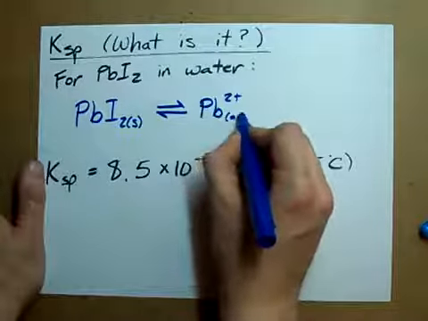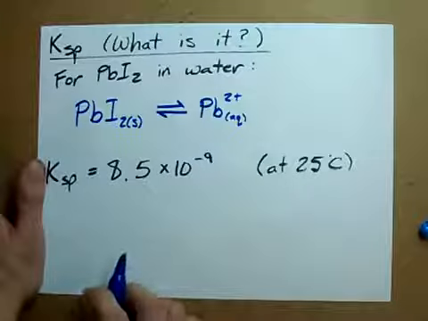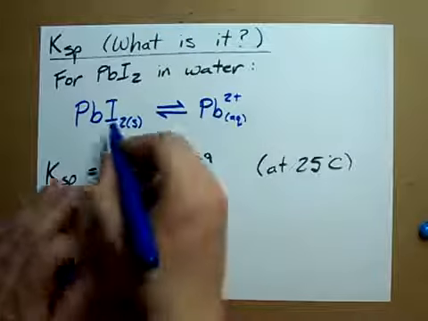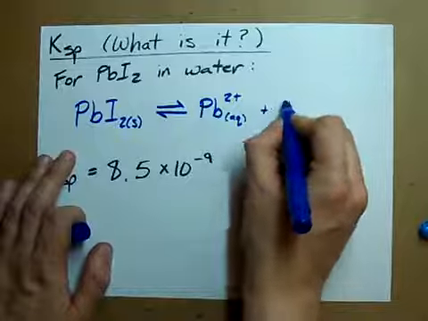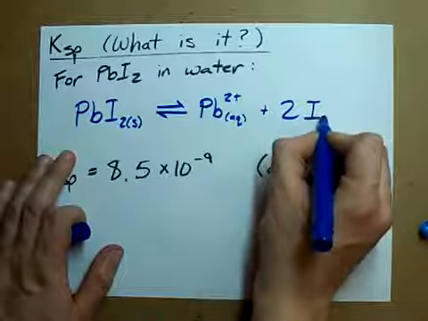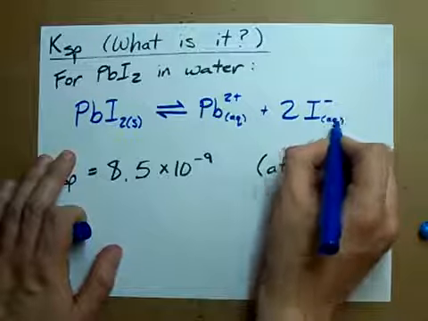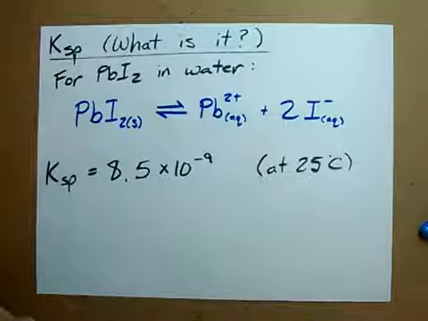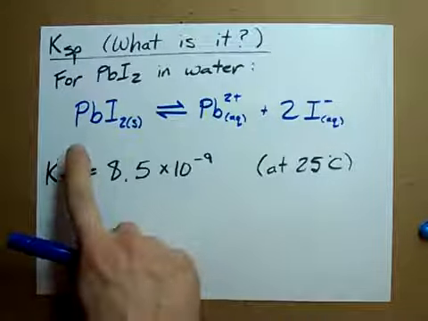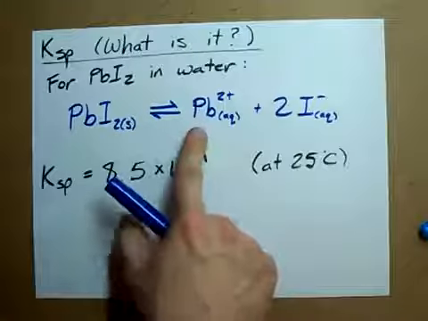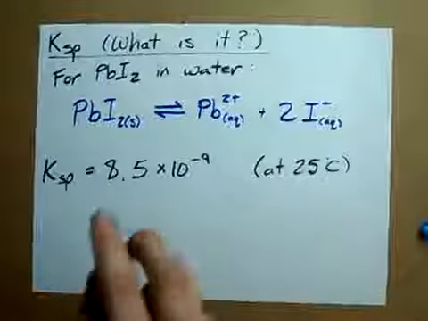It's now dissolved, so we're going to say AQ as well, aqueous. And you're going to get 2 iodide ions. Iodine likes to have a charge of -1, and because it's dissolved, it also gets a little AQ. When PbI2 dissolves, it makes a lead ion and 2 iodides.